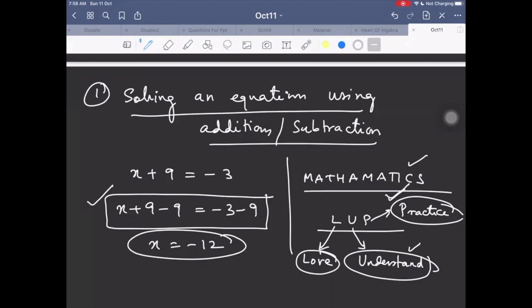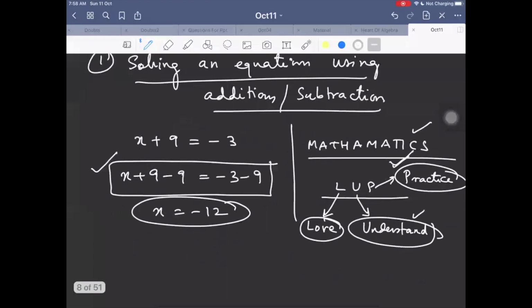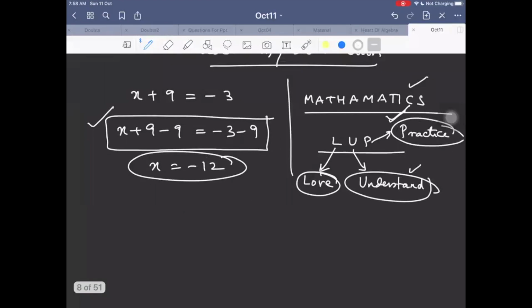So tell me this. If you have an expression of the form x plus a equal to b, what do you think will be the solution? a and b are numbers, but those numbers are not known. These are constants, but their actual values are not given.